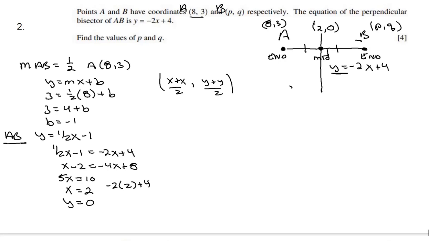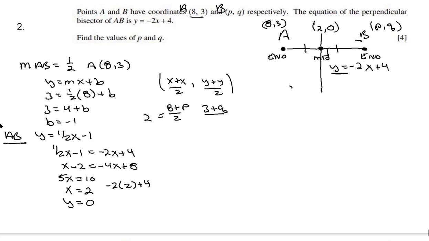All right, so hopefully you did that. Basically, if you just think about it, I know this one x, and so 8 plus x divided by 2 is going to equal the midpoint x, which is 2. And then the y of the end is a 3, and the other one I don't know. Technically, I could call it q. Probably should call it q. You know, I should probably call the other one p. Keep things straight for you.